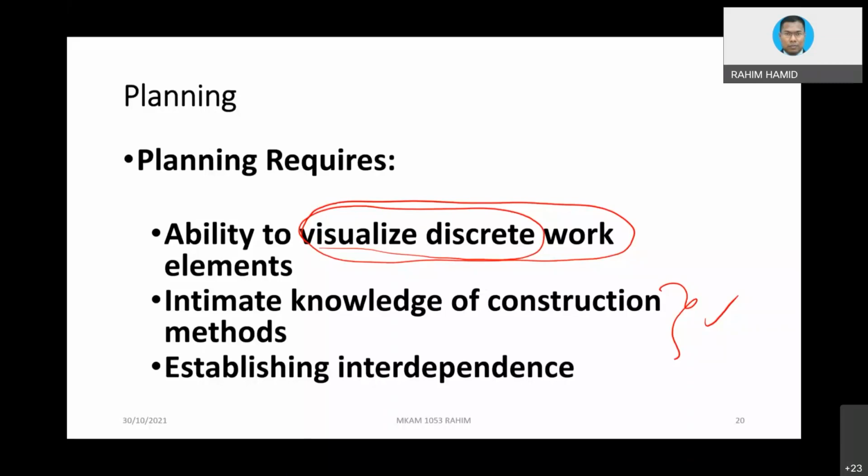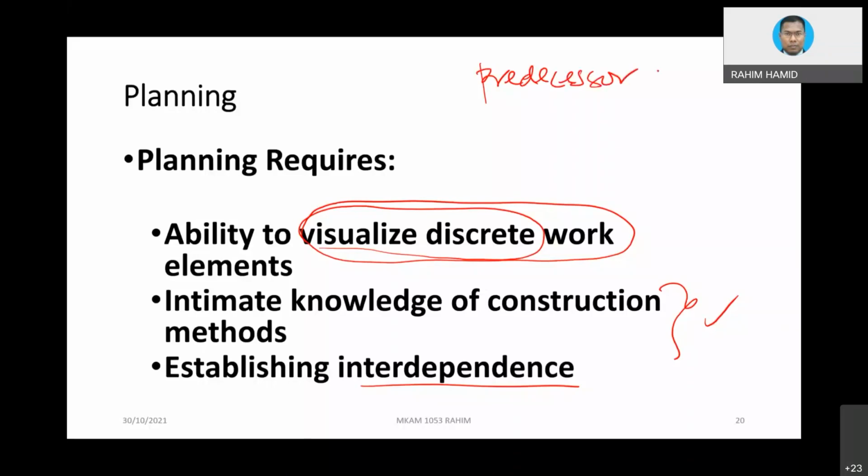Establishing interdependence. Interdependence is basically the logical relationship between one activity and another. Maybe you have heard about predecessor.